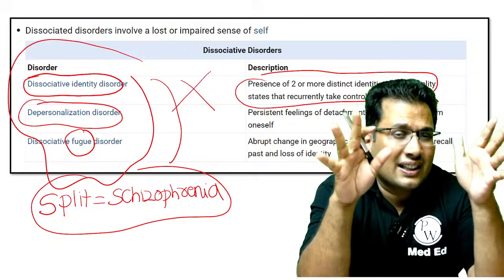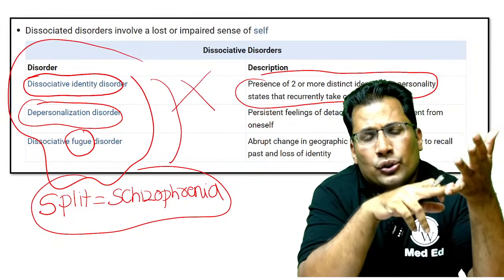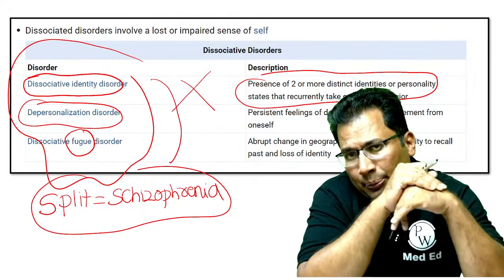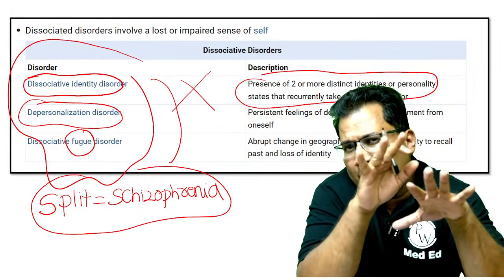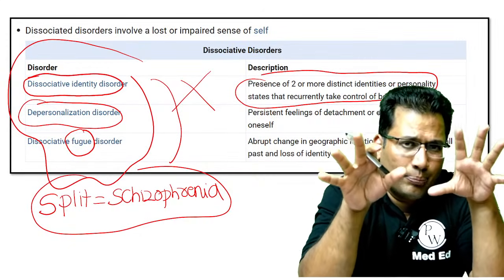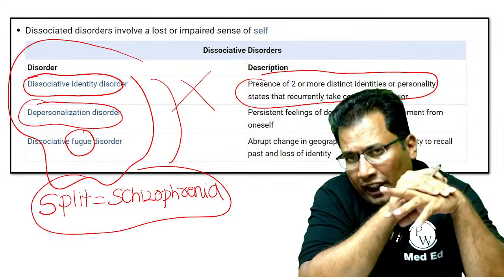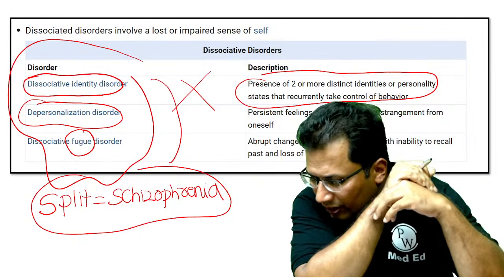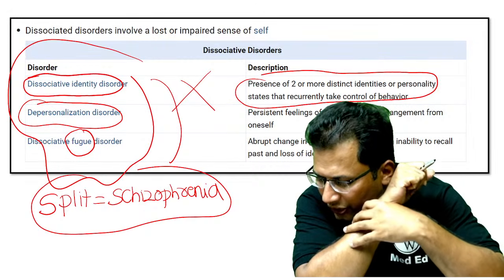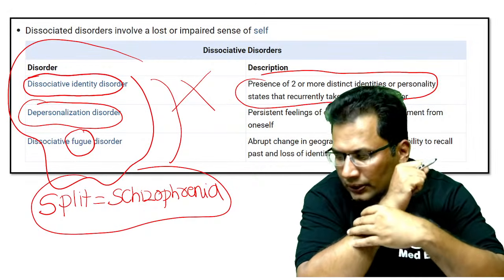There are 5 classical features: delusion, hallucination, disorganized behavior, disorganized speech, and negative symptoms. So the definition of schizophrenia can be asked in psychiatry. In forensic, if you know these basic symptoms, that is okay. Anu, Rajesh, everyone, please write split is equal to schizophrenia. Okay.